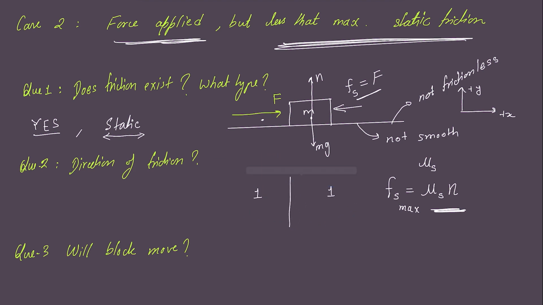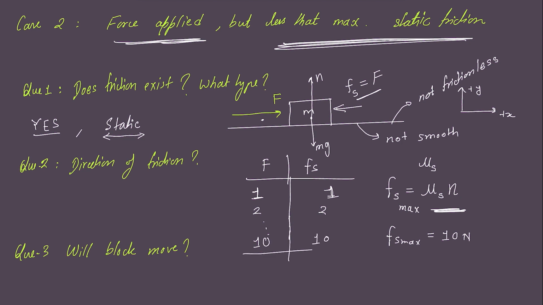Let's make a little table here. Let's say this is force applied and this is static friction. And let's say the static friction max value that you calculated using mu s and m is 10 newtons. So if you apply 1 Newton, it's going to match up with 1 Newton. If you apply 2 Newtons, it matches with 2 Newtons. It's going to go until you apply 10 Newtons, and then it's going to apply 10 Newtons.